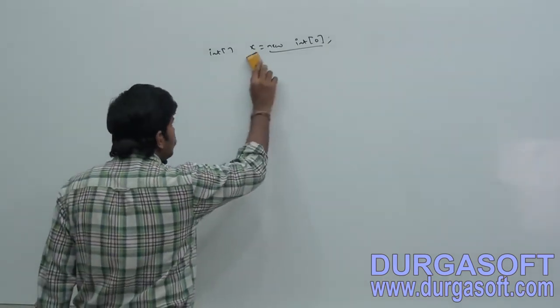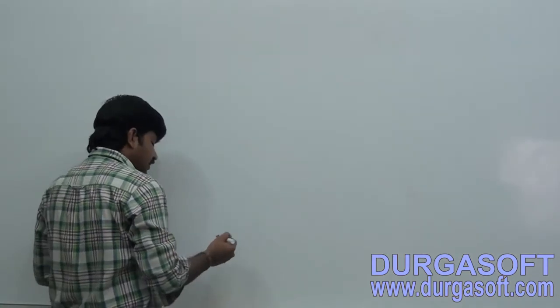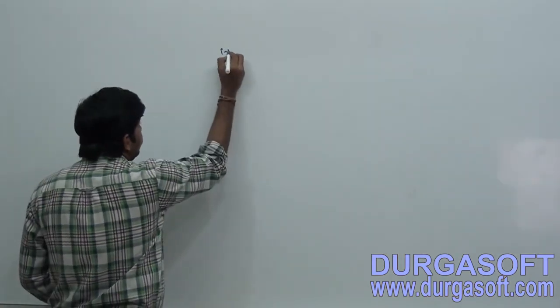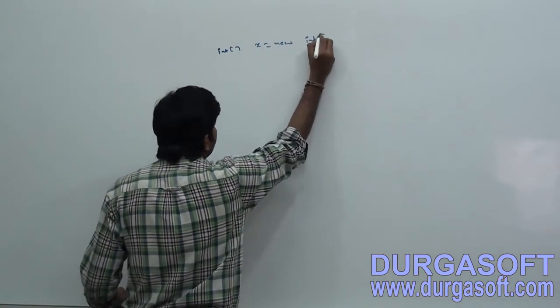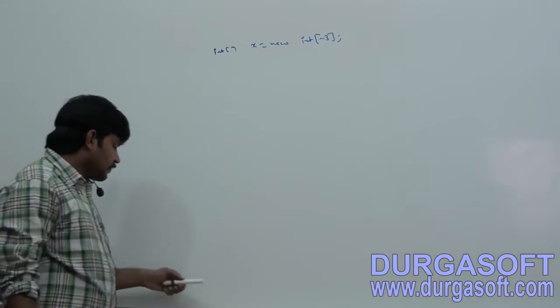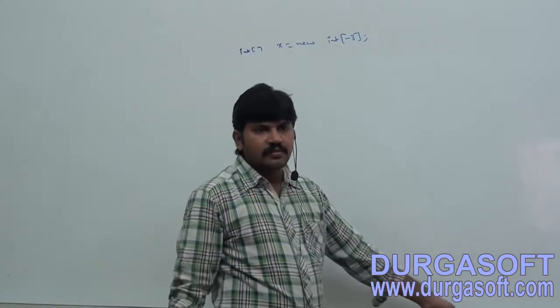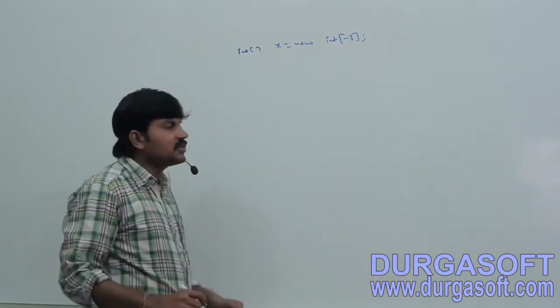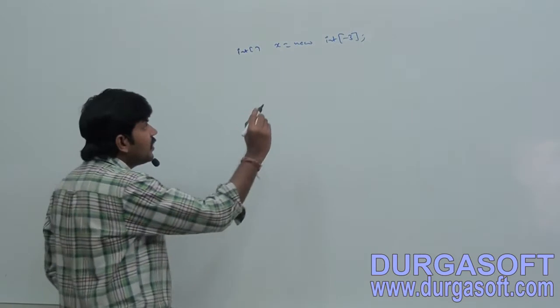Next one. Here, can you tell is it valid or invalid? I am taking int[] x = new int[-3]. Size minus 3. Valid or invalid? Invalid.